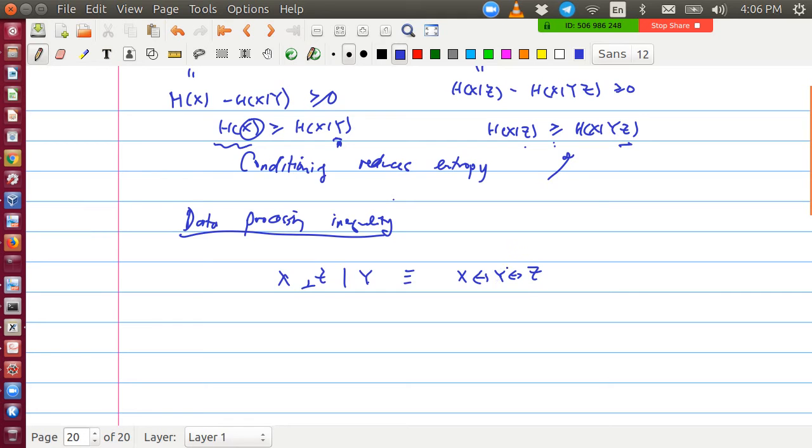Now if you remove something in the middle, you just break the chain and then these two become independent. So it's quite an intuitive way to memorize this.